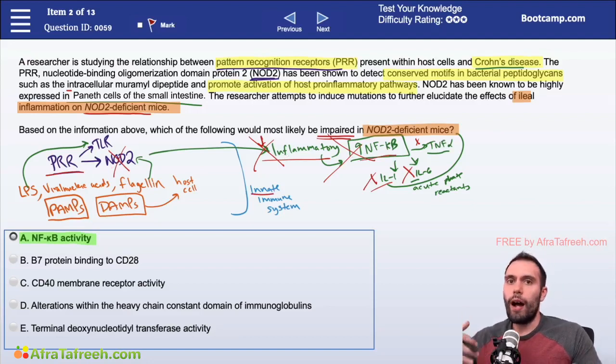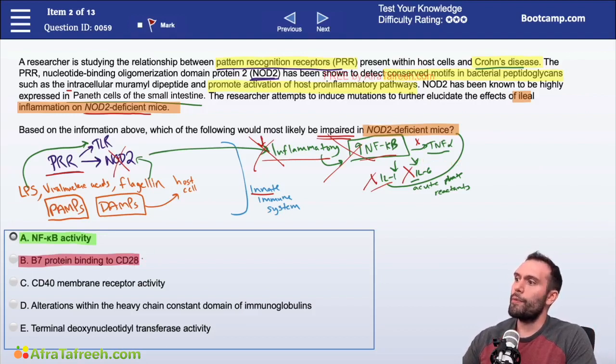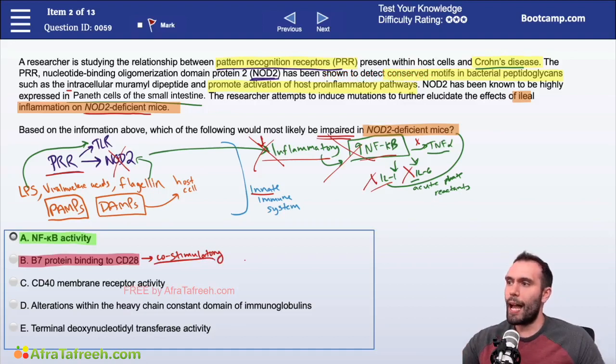If you're watching these videos sequentially, we haven't really talked about some of these other things yet, but I'll give you a little bit of a rundown as to why they're not correct. So B7 protein binding to CD28. B7 and CD28 are linked because these two come together essentially to perform a co-stimulatory signal. And this has to do with the activation of T cells, which is part of the adaptive immune system.